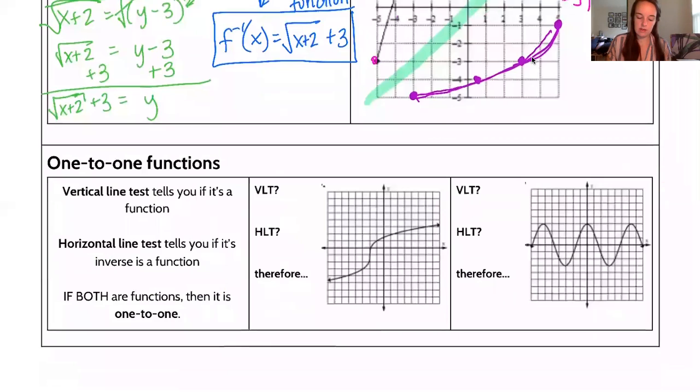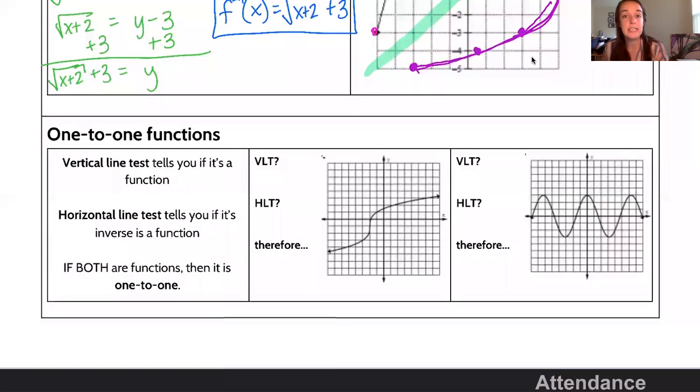All right. And then finally, we have the idea of one-to-one functions. In the past, we've known the word function and we've thought about the vertical line test. You draw vertical lines all the way across, and it's not allowed to touch twice. That tells you if it's a function. The horizontal line test, we used to tell you it didn't really exist, but it does.